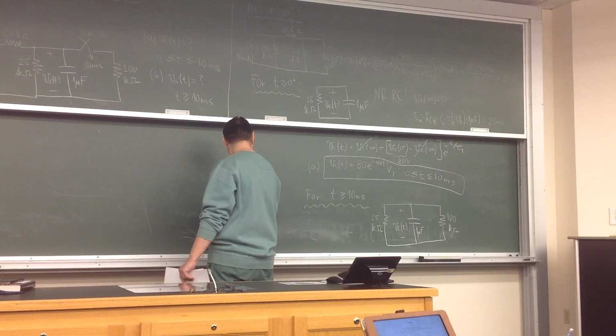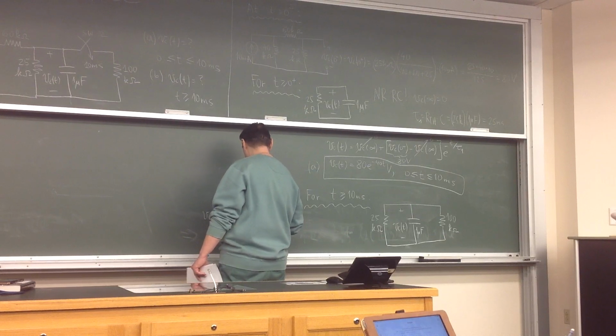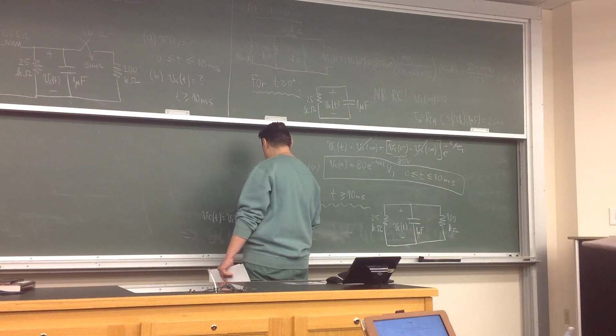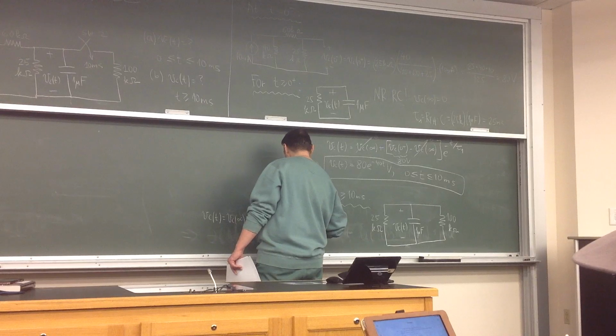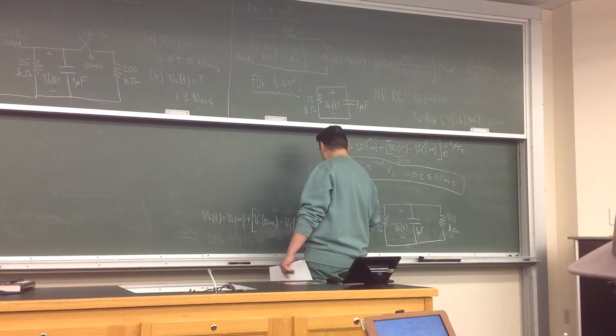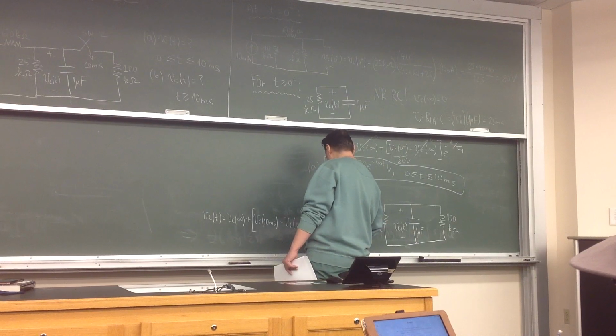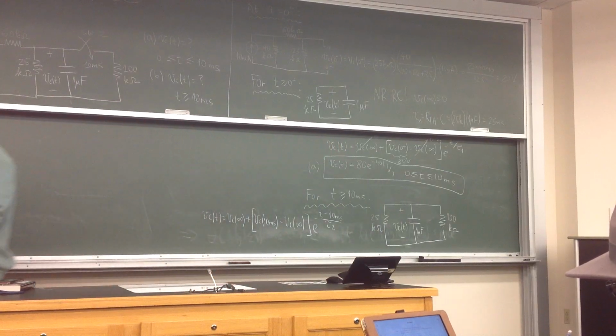So basically your VC of t is equal to VC of infinity plus VC of 10 milliseconds minus VC of infinity, times e to the minus t minus 10 milliseconds, because you have that delay, divided by tau 2. That's the difference, okay? We do that because you don't start at 0, you start at 10 milliseconds, therefore you have to put that delay of 10 milliseconds there, right?